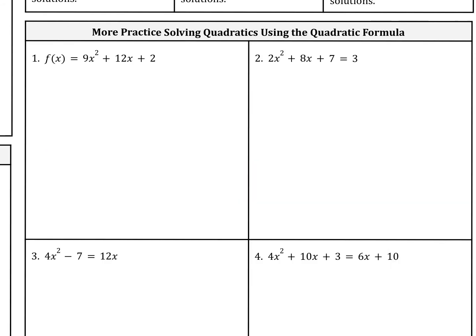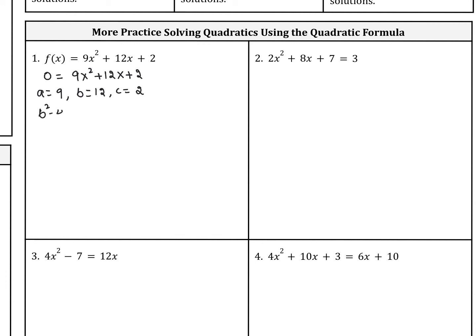In this more practice solving quadratics using the quadratic formula, we're going to set this equal to 0 and find the discriminant, where A is 9, B is 12, and C is 2.